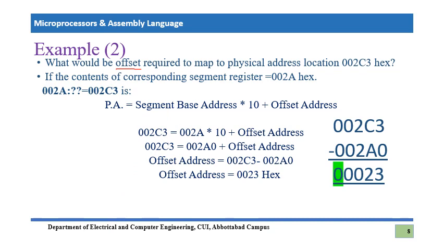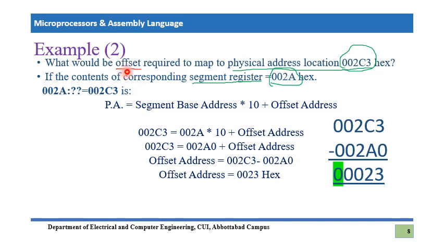What things are given to us? We are given a physical address location which is 002C3 hex. Remember, that is the physical address. Another thing given is the segment base address, which is 002A. There are certain things we need to consider.